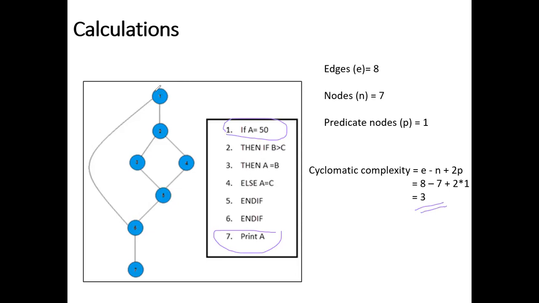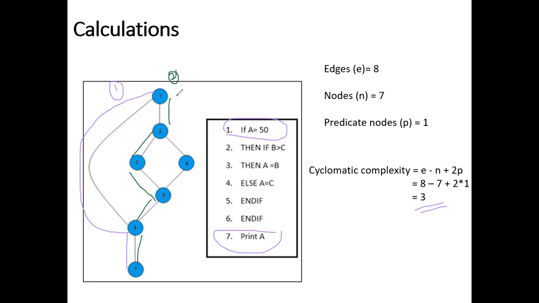So 1, 6, 7 will be my first path. 1, 2, 3, 5, 6, 7 will be my second path.